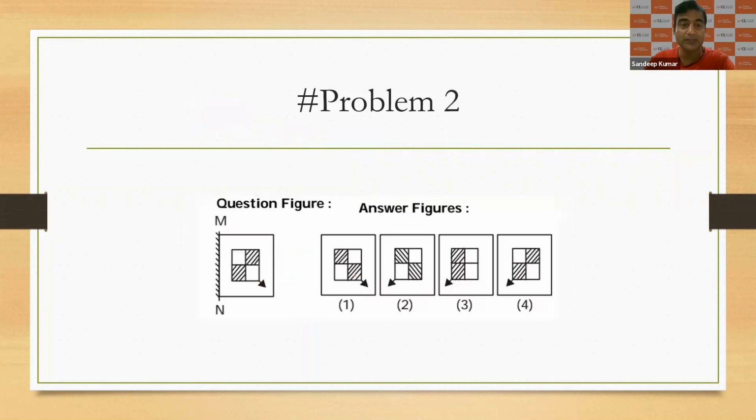Now, moving on to the next question. If we see this figure, can we draw something? Let's look at the square. This figure looks more or less the same. What we need to understand here is that this part is closer to the mirror, so this place is empty.